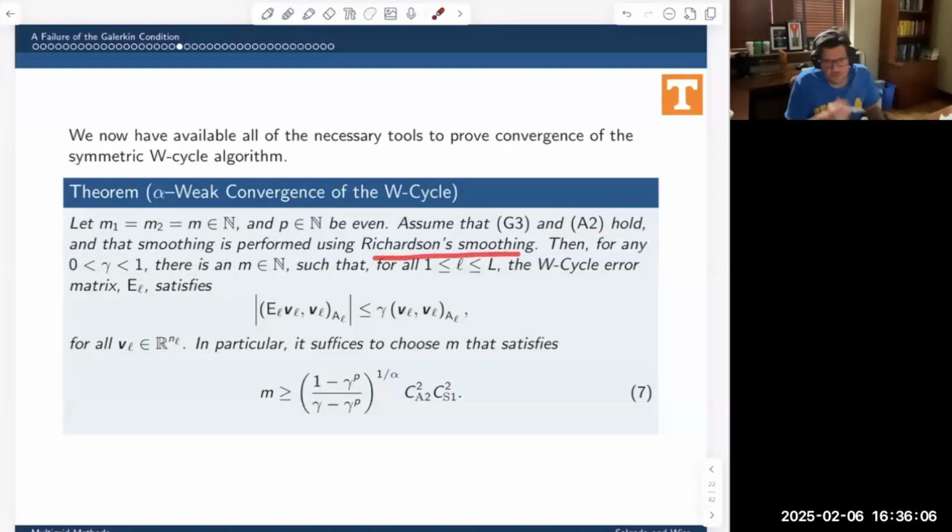What do we know if we use Richardson's smoother? If we use Richardson's smoother, then that means that the first smoothing principle holds. So all good there. So that means we can apply the estimates of the first smoothing principle, which we will do. Then for any gamma that we want between 0 and 1, we want this thing to be small.